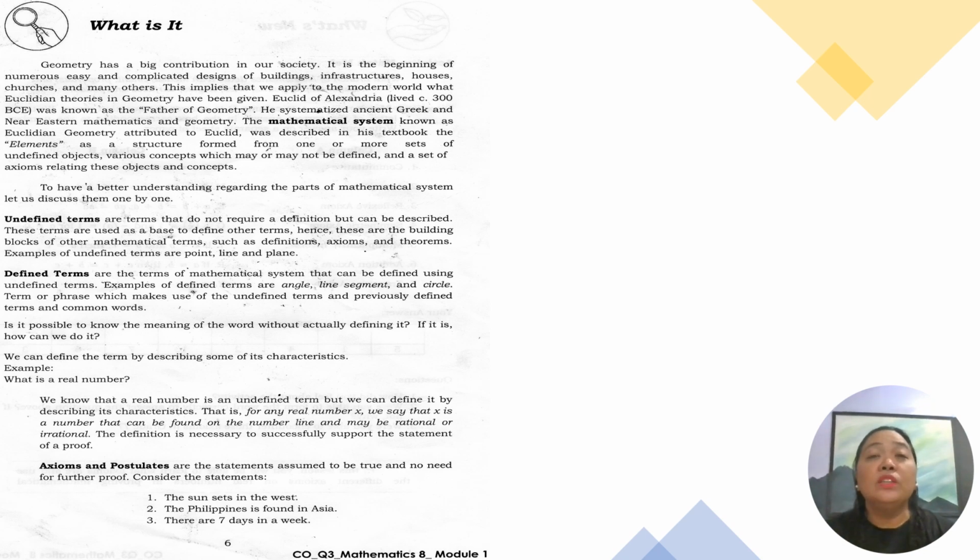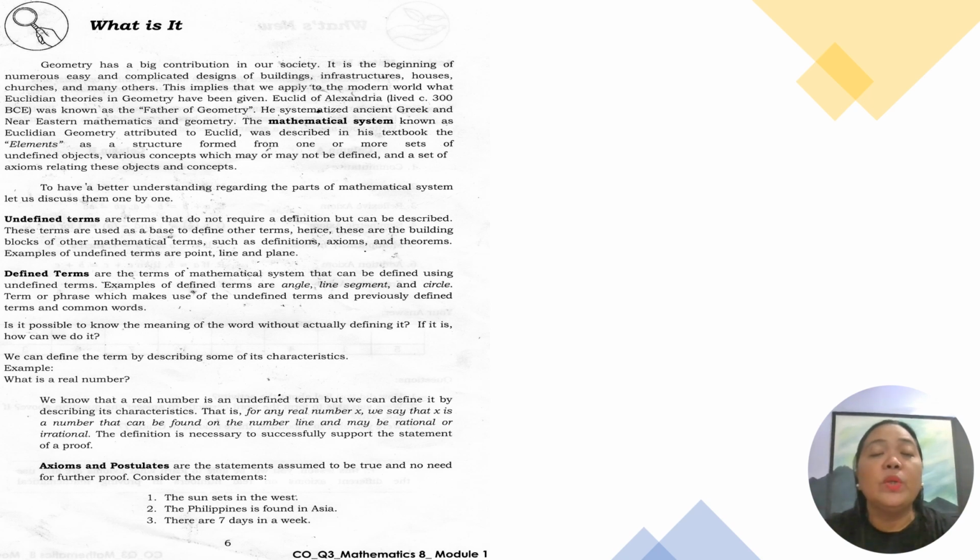Geometry has a big contribution in our society. It is the beginning of numerous easy and complicated designs of buildings, infrastructures, houses, churches, and many others. This implies that we apply to the modern world what Euclidean theorists in geometry have given.